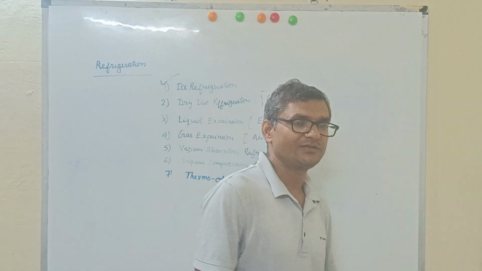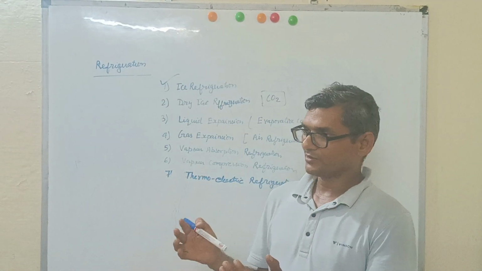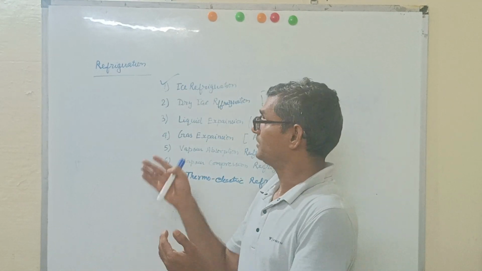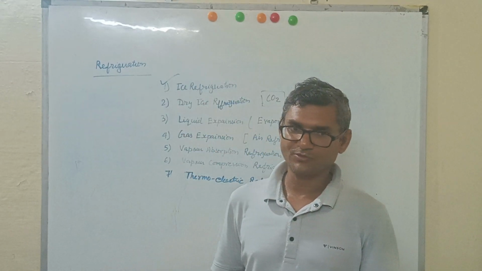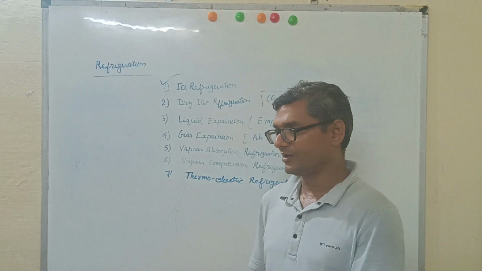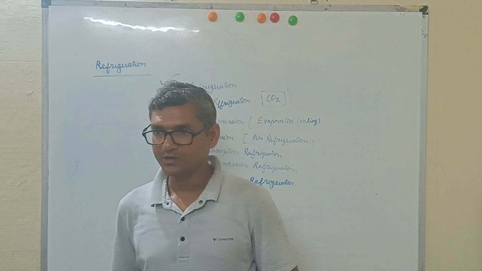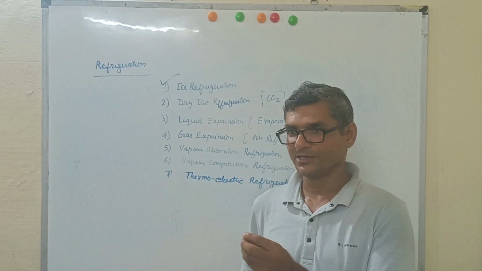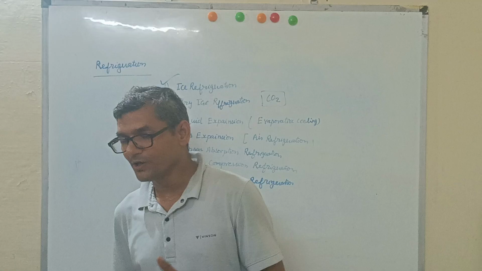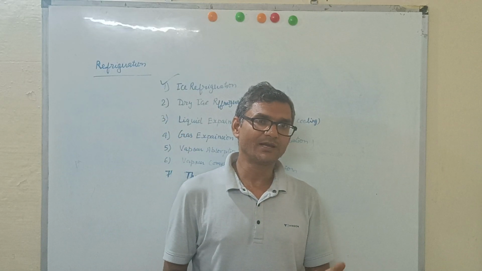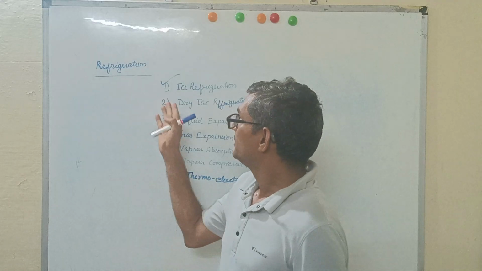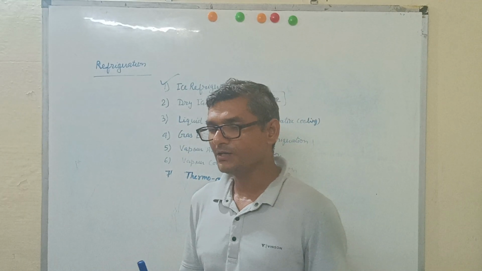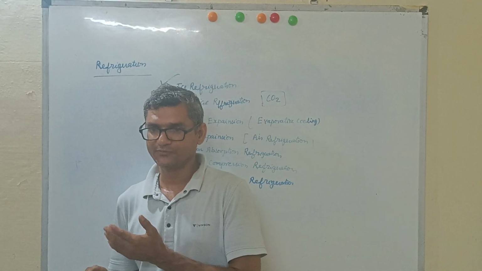So 1 TR means 1 ton of ice. How will it give cooling? First it will absorb the heat. Heat transfer will take place between the substance and the ice.